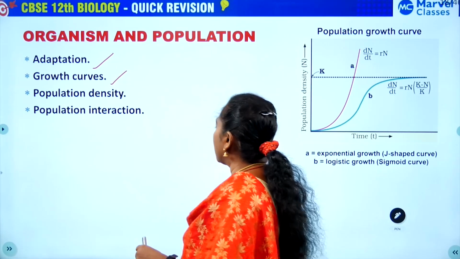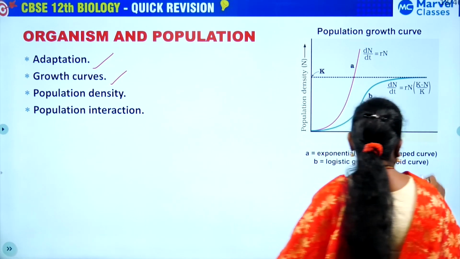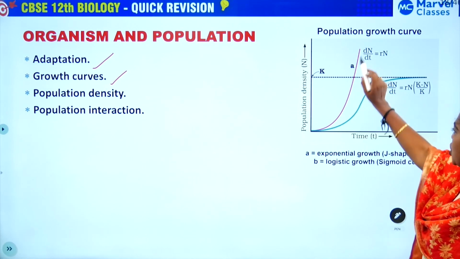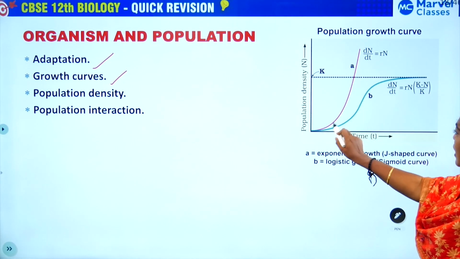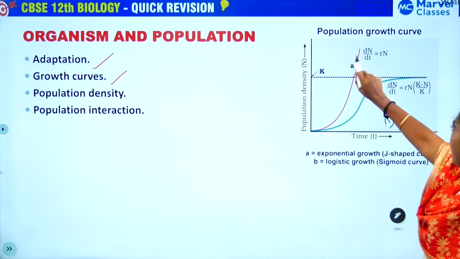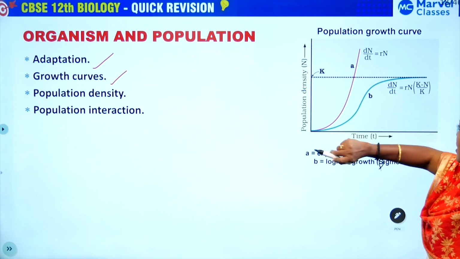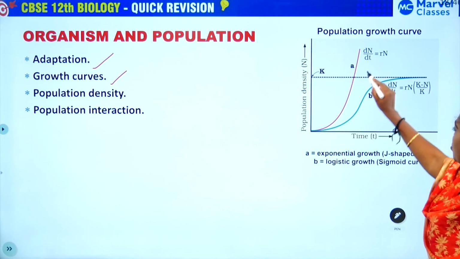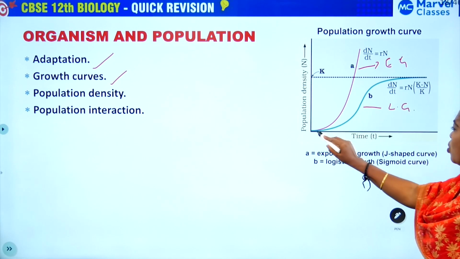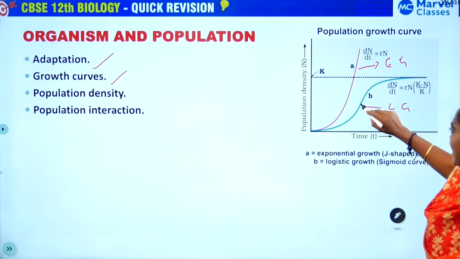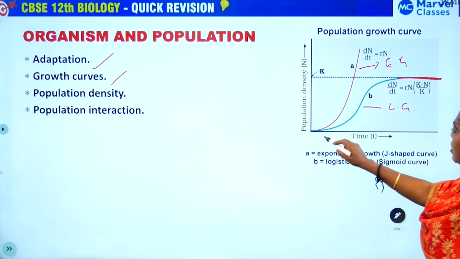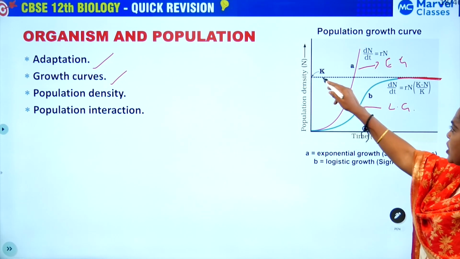And learn about the growth curves, students. Very, very important. They will ask you these curves. This one is exponential growth. Here, as time increases, the population density keeps on increasing, but it is unrealistic. And this is logistic growth. Initially the growth is very slow, then it accelerates, decelerates, and then reaches an asymptote, because as time goes, the population density won't keep increasing.